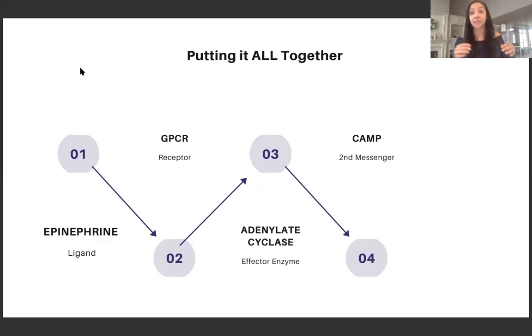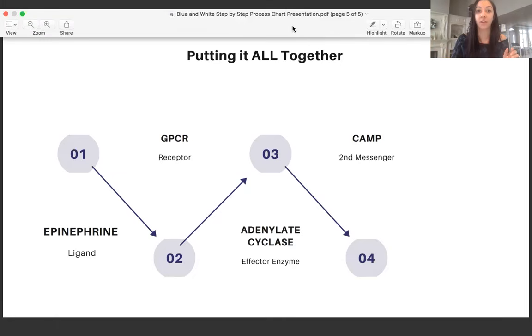Those G proteins connect up with adenylate cyclase, which is the effector enzyme, which increases the production of cAMP, the second messenger, which causes things like bronchodilation, preventing platelet aggregation, increasing contractility, and dilating the renal vasculature. Okay, so brief overview. Those are all the things I want you all to know.